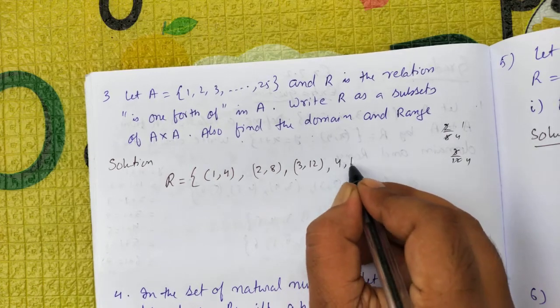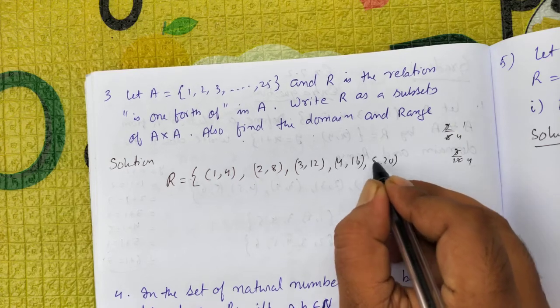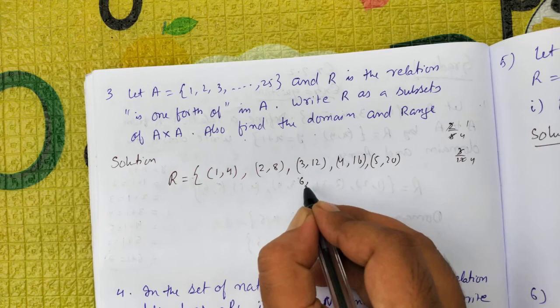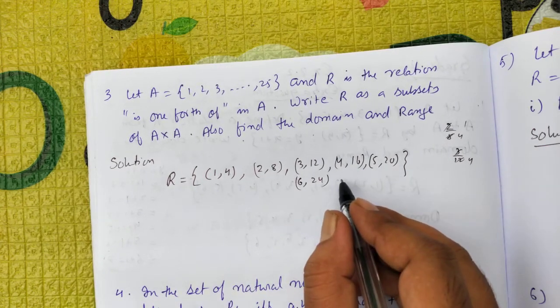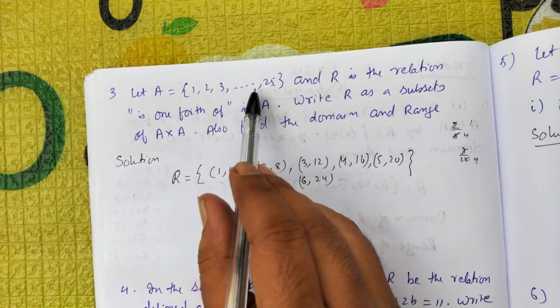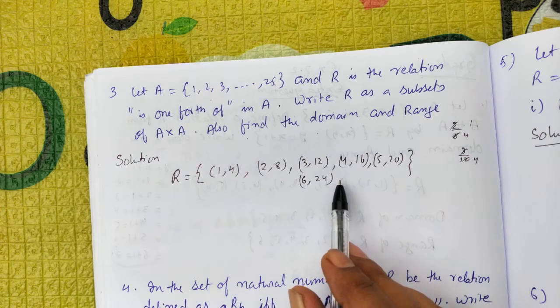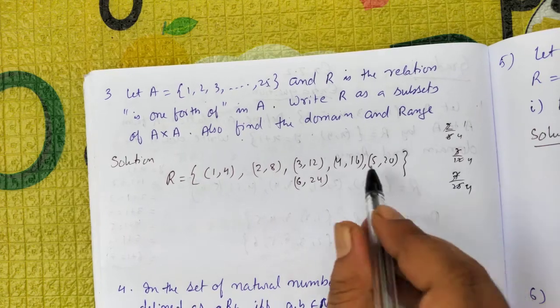If I use 4, it will be 16. If I use 5, it will be 20. If I use 6, it will be 24. If I use 7, it will be 28, but the set only goes till 25, so I cannot use 7.